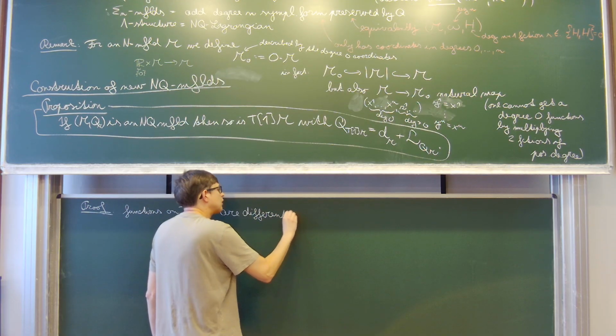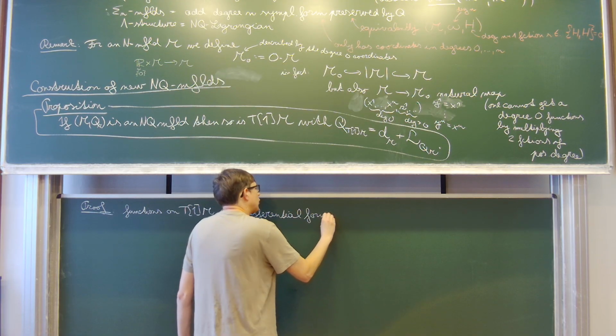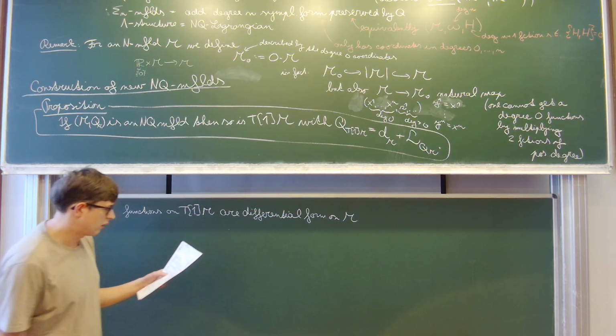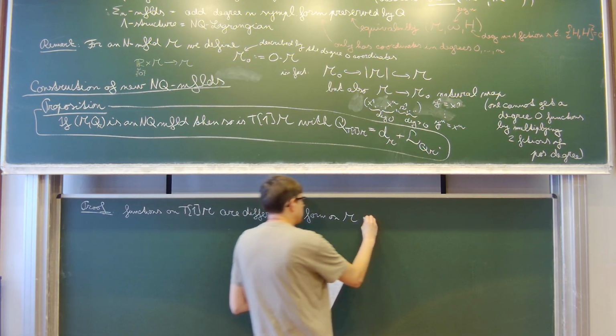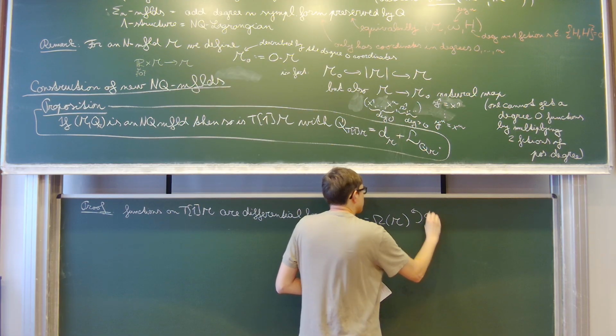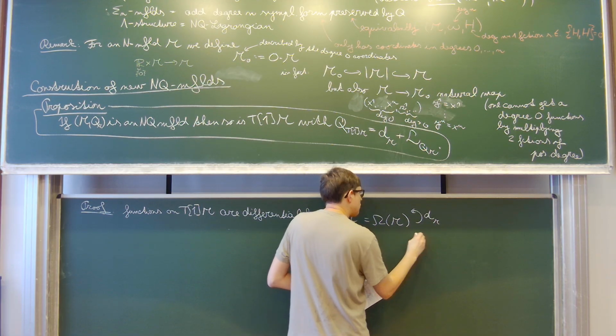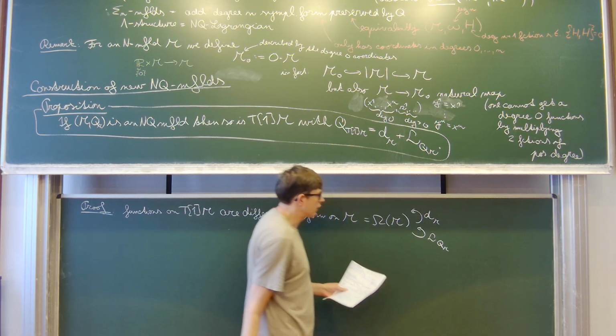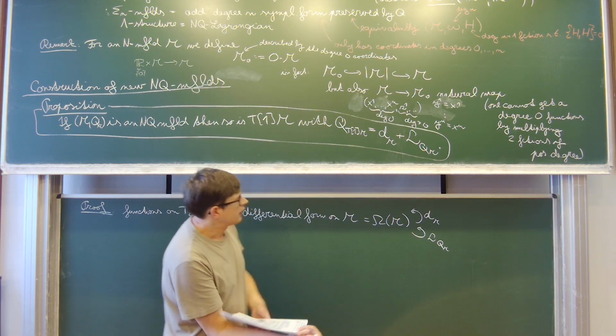Differential forms on M, and on these things we have their own differential. So omega on M, and on this we have the de Rham differential on M, and we also have a Lie derivative with respect to a vector field. And now what is the degree of this operation?